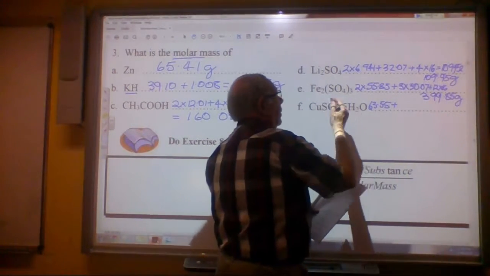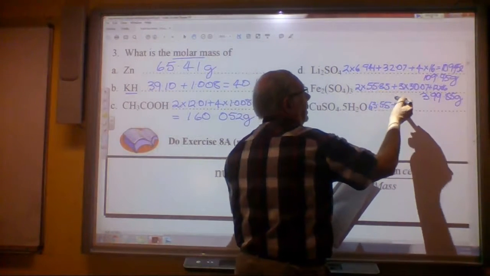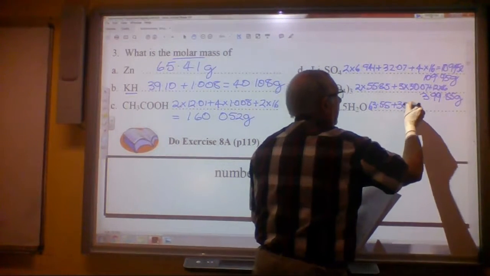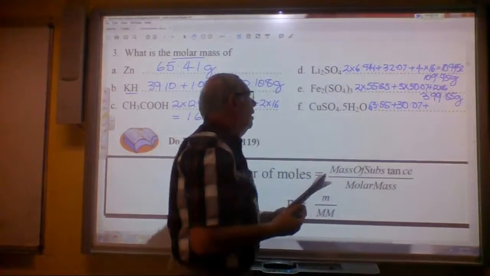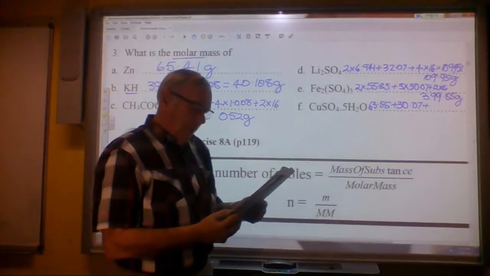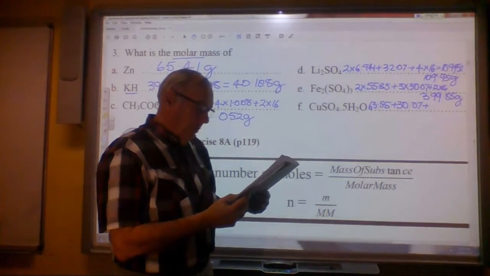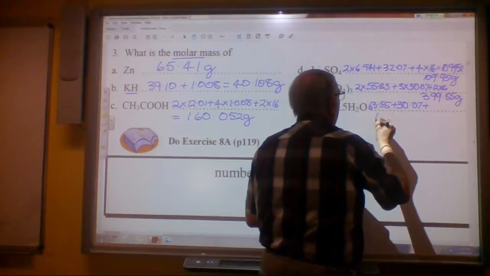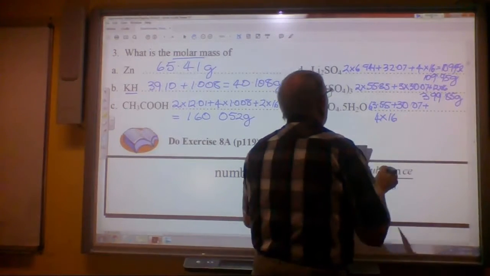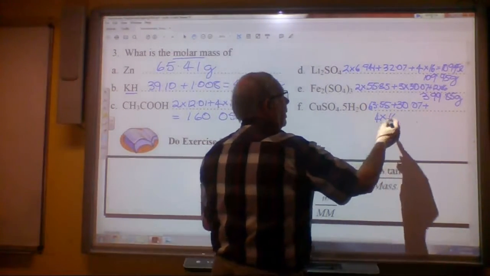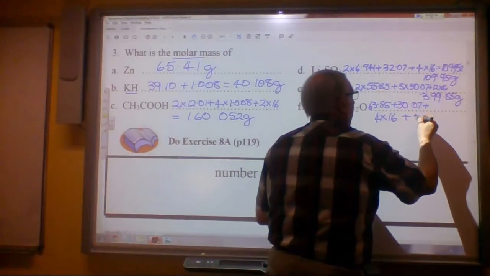our mass of sulfur, which we saw up here was 32.07, plus 4 oxygens, and 4 oxygens would be 4 times 16, plus 5 times water.